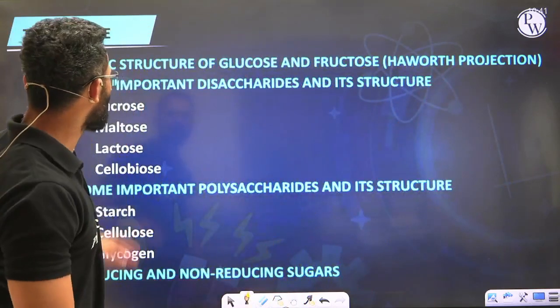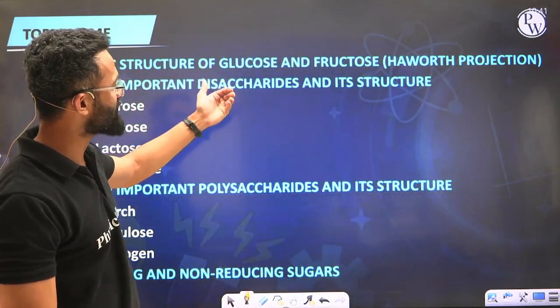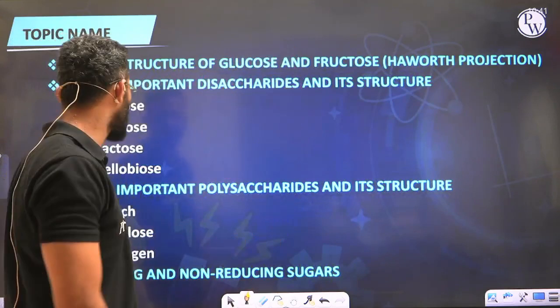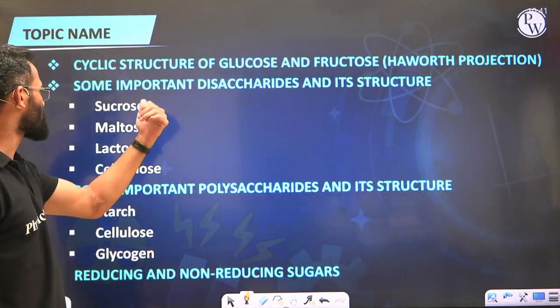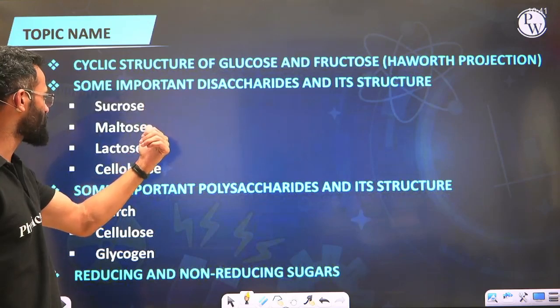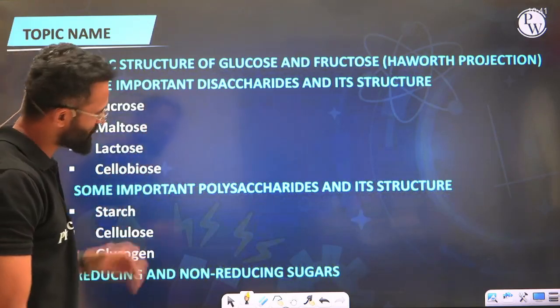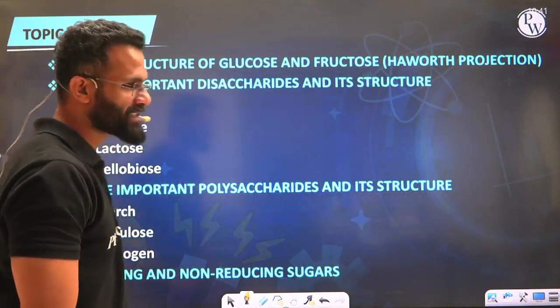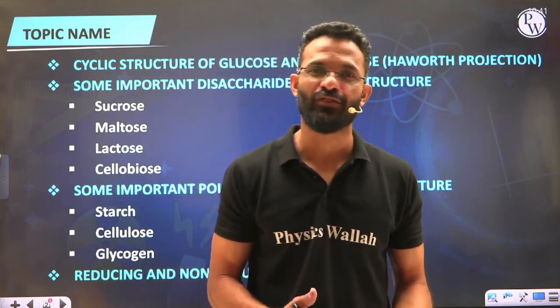Then we'll be talking about some important disaccharides, and of course we'll try to put those disaccharides also in the form of Haworth projection. We'll be talking about sucrose, and we'll be discussing the structure of maltose, lactose and cellulose. In the process of learning these disaccharides, we'll also come across some more terms like inversion of sugar.